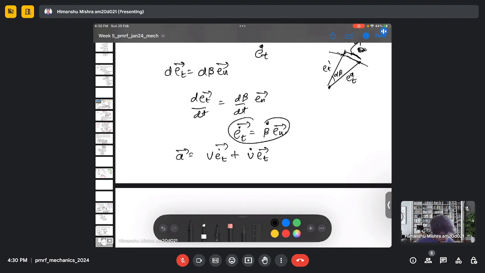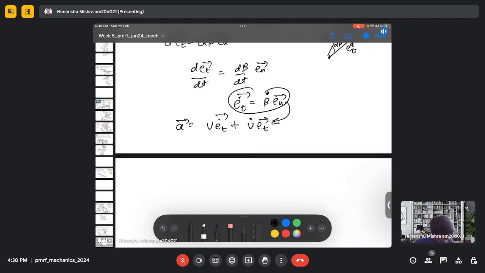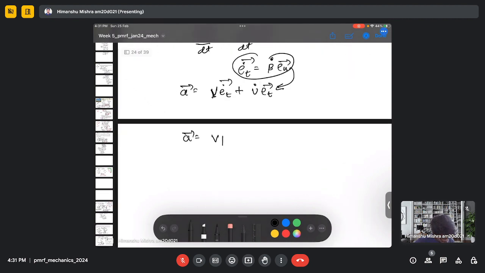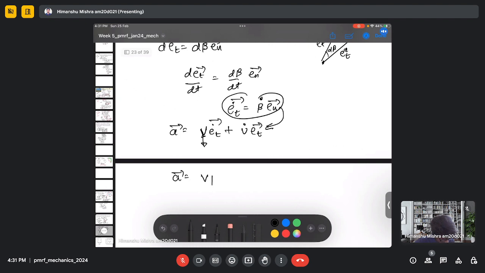Now we can use this bottom relation, so we will get acceleration. And we can also use, so we have given here beta and we also know the magnitude of V, which is rho beta dot. So this quantity is rho beta dot.